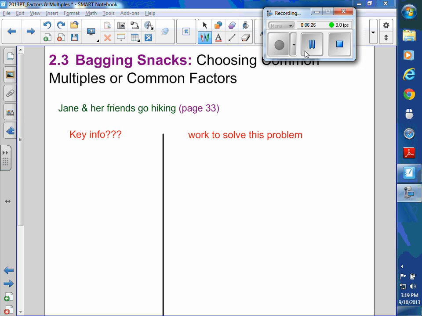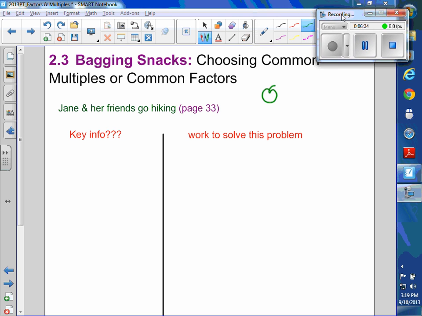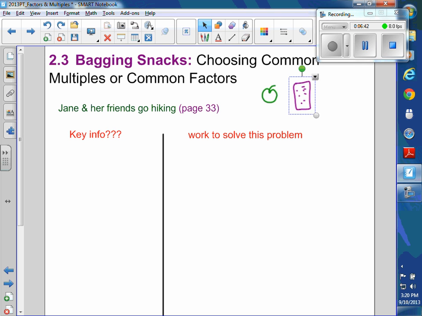snack pack? Okay, good. So let's suppose you have some apples, right? I have little apples here. And then you have little tiny trail mix bags, right? It's like stuff in there. And so if we had a bunch of apples, you want to be able to divide them evenly.